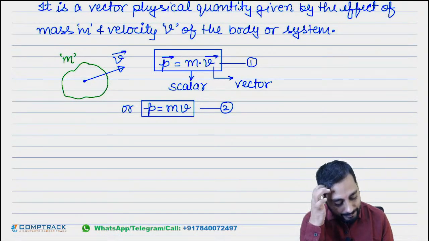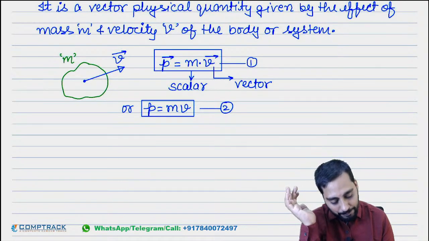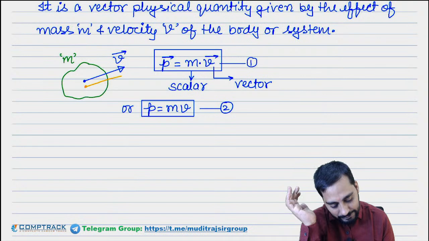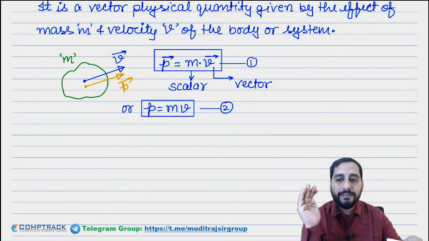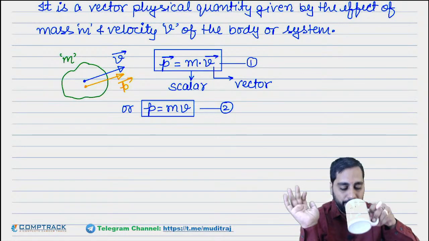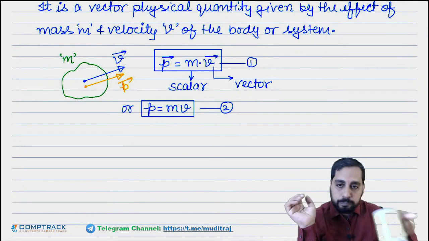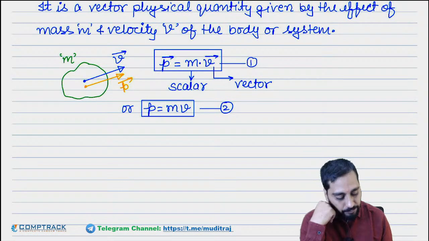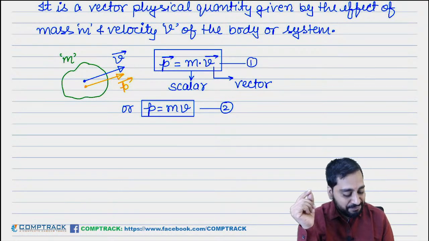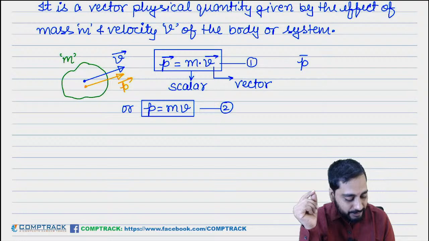Here the direction of v will be the direction of P. So the vector P will always be in the direction of velocity, because mass has no direction. When you consider the velocity in x direction, linear momentum will be found in x direction.